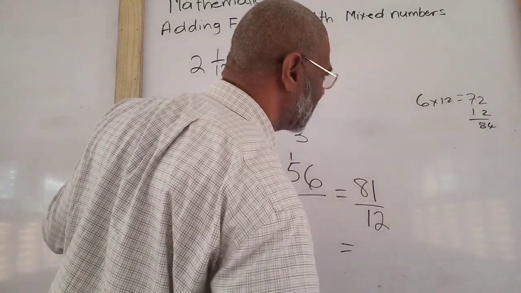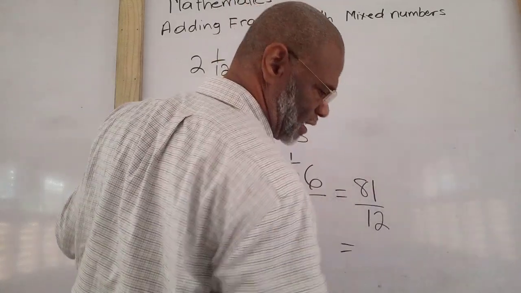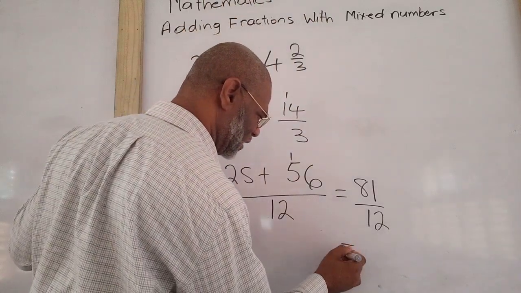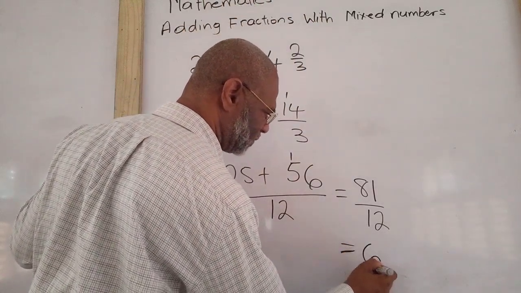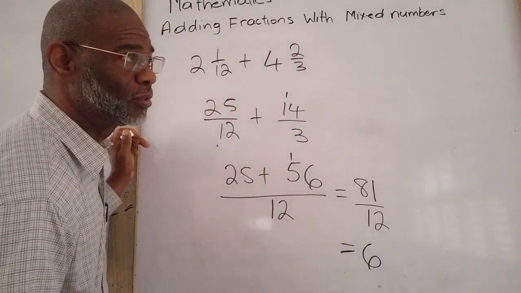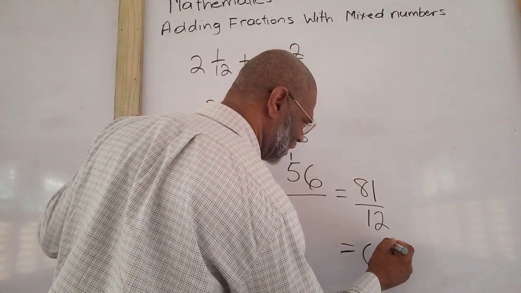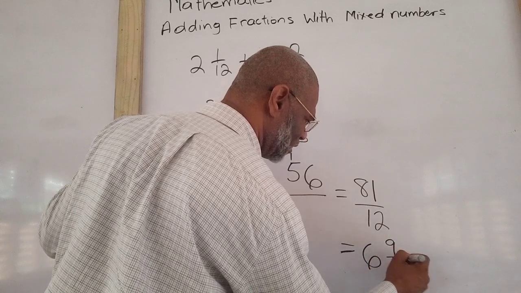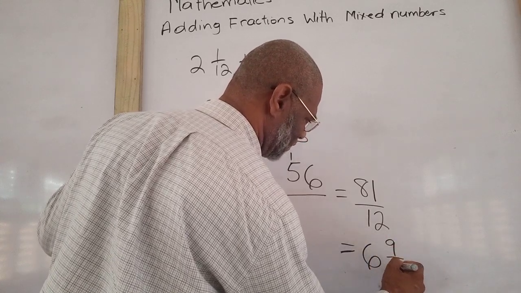So this would be 6. The remainder: 81 minus 72 is 9, so it would be 9 over 12.